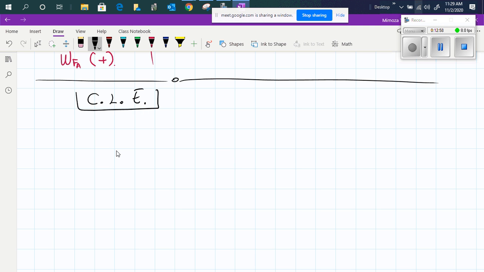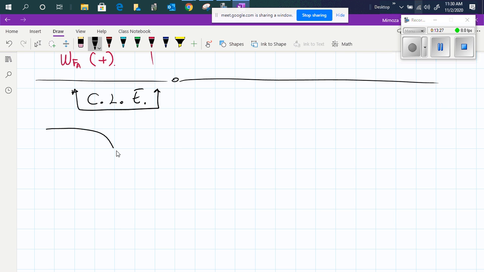The concept of the conservation law of energy is that energy is conserved. The energy is not lost or created, but it is transformed from one form to the other. A very typical application of the conservation law of energy is when we have a roller coaster.